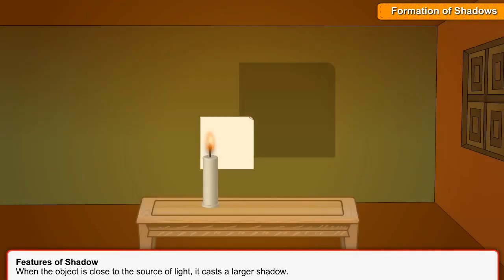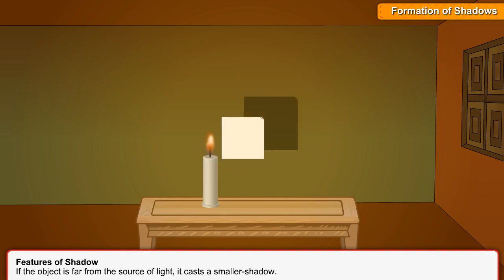When the object is close to the source of light, it casts a larger shadow. If the object is far from the source of light, it casts a smaller shadow. Only the opaque objects cast a shadow.